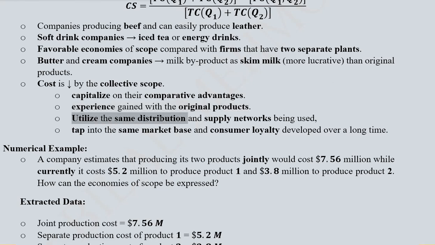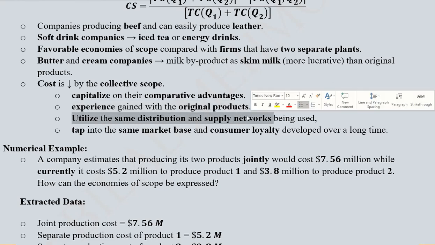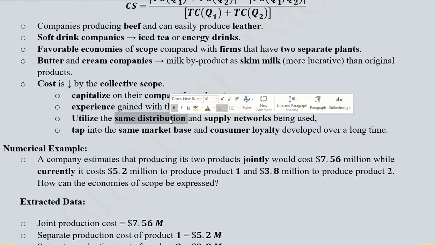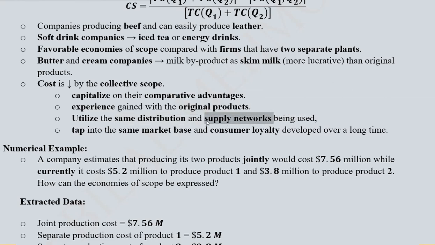They can utilize the same distribution and supply networks that are already being used, because for the previously produced product, the distribution channels and the supply networks already exist. For the new products that are being produced to gain the economies of scope, we can easily use these already existing channels. This will again help to keep the cost low.